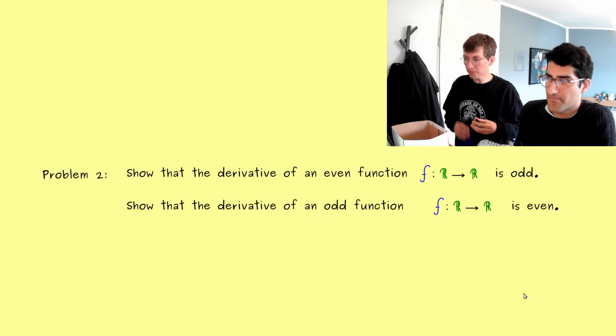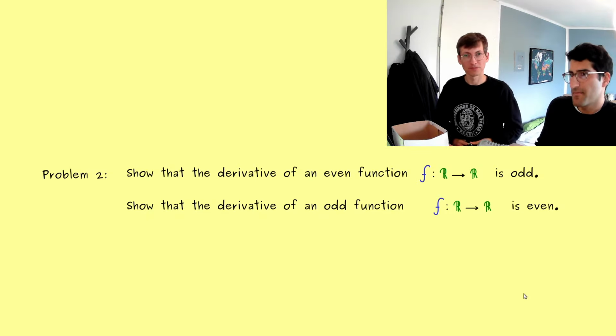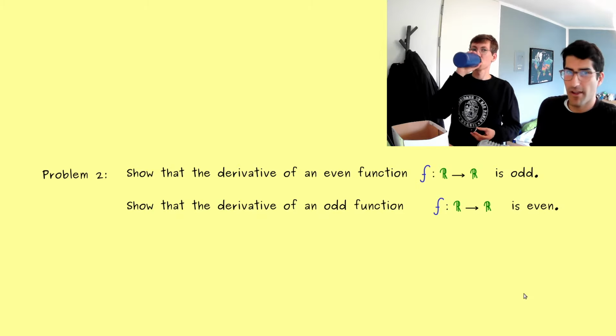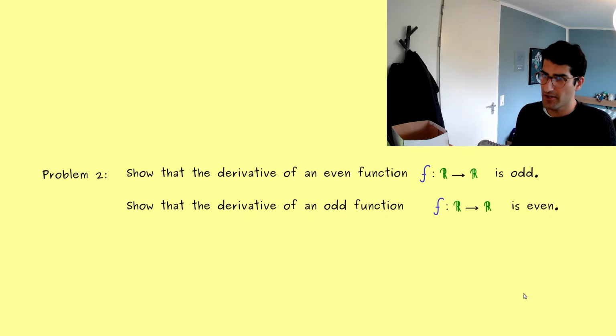All right. So this is sort of a proof problem that needs a proof. So we don't have a particular function given that we need to differentiate, and so there are, well, two subproblems here, but they are very similar.